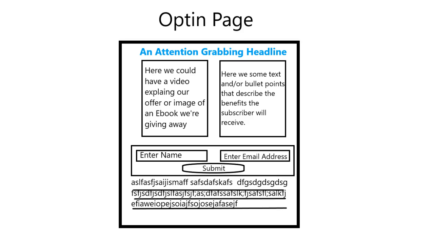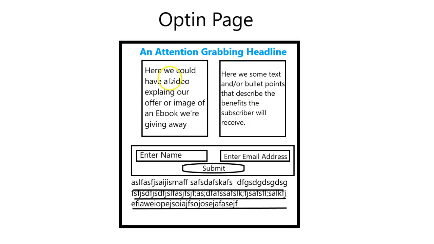So that's where the term lead magnet comes from. And the lead magnet is really what provides the incentive for your visitor to enter their email address so they can get that free information or the free offer that you're making to them.